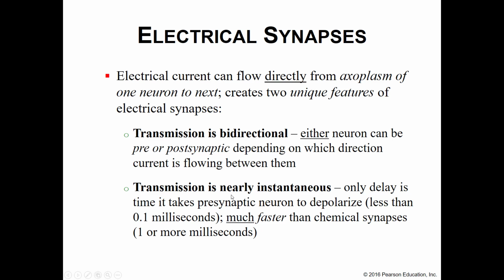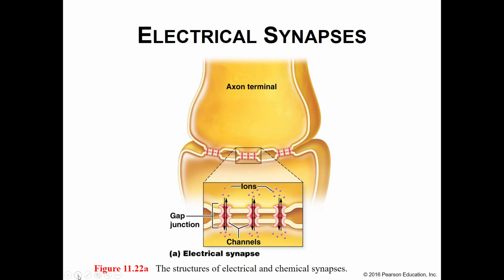And as I just mentioned, it's nearly instantaneous. The only delay is it takes the presynaptic neuron to depolarize, so less than 0.1 milliseconds. Whereas chemical synapses can be 1 or more milliseconds because it has to wait for the neurotransmitter to diffuse across that entire synaptic cleft.